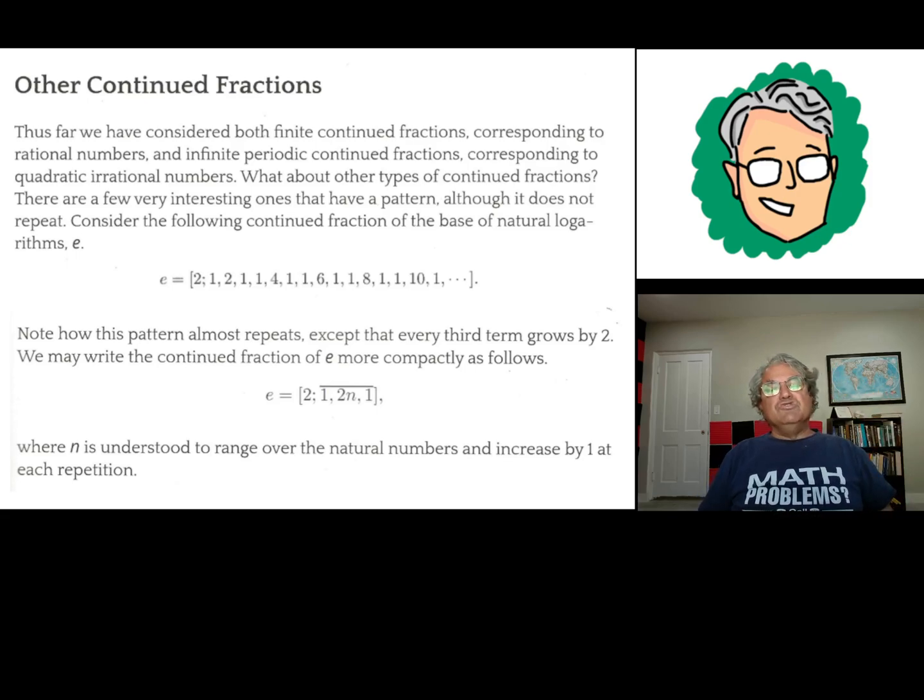This is the way that people usually write the continued fraction of e: 2 semicolon, then 1, 2n, 1 with a bar above it, meaning that n increases by 1 each time. So it starts out 1, 2, 1, 1, 4, 1, 1, 6, 1. I think you get the idea. And I think it's pretty remarkable that the continued fraction of e has this special form, because most irrational numbers don't have any special form to their continued fraction. The ones that do are pretty rare.